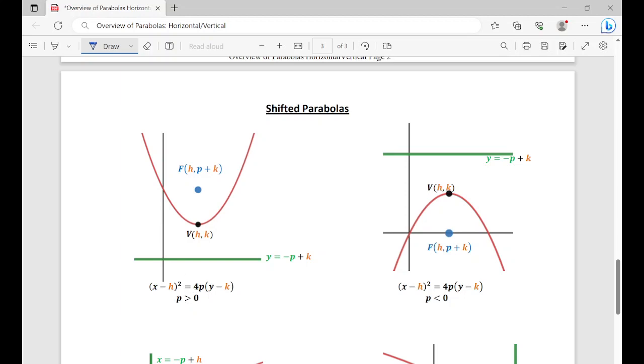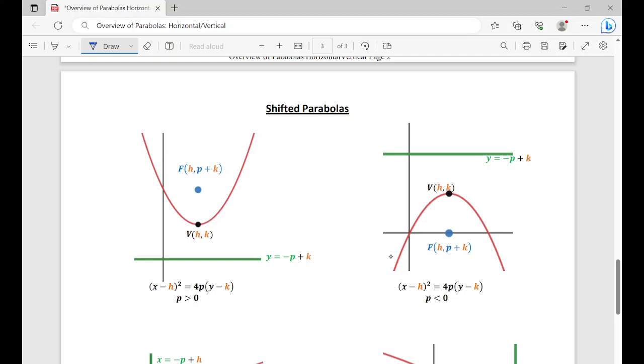To find the focus, you're just going to find its focus when the vertex is at 0, 0, and then add the h and k to the 0 and the p respectively. Same thing with the directrix. All you do is just find out what it is when it's at the origin, and then just add k to it so you know how far you moved it up or down. H and k inside the equation is the vertex.